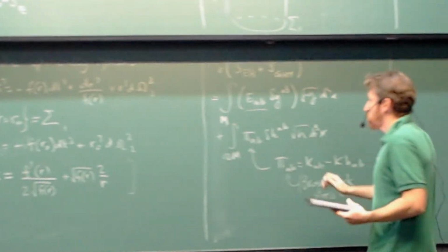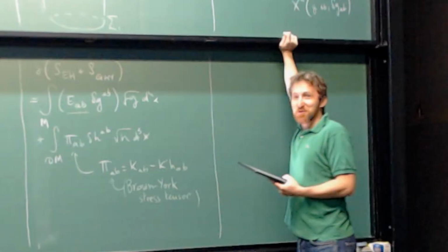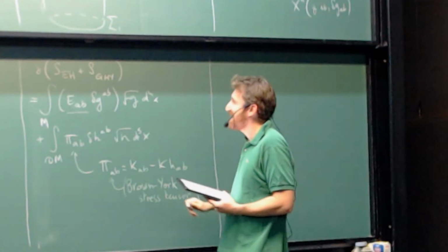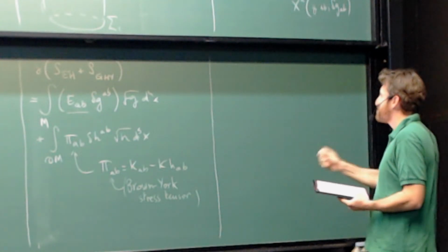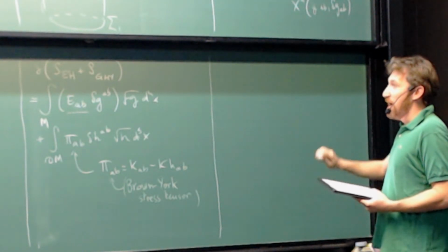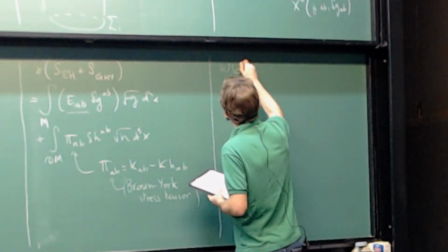So I need to do a Wick rotation. I assume that that's possible, and that's one of the subtleties that tomorrow will come back to bite us. And I just take t to i tau, so I do a Wick rotation, an analytic continuation.